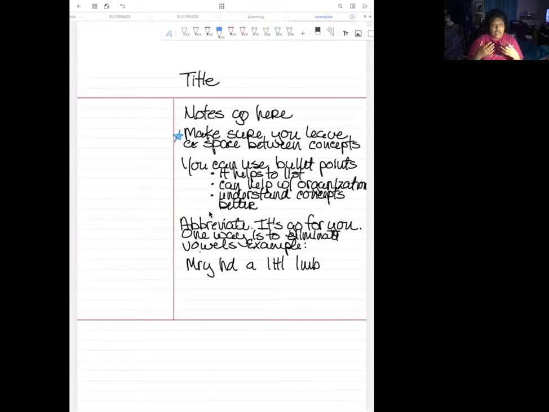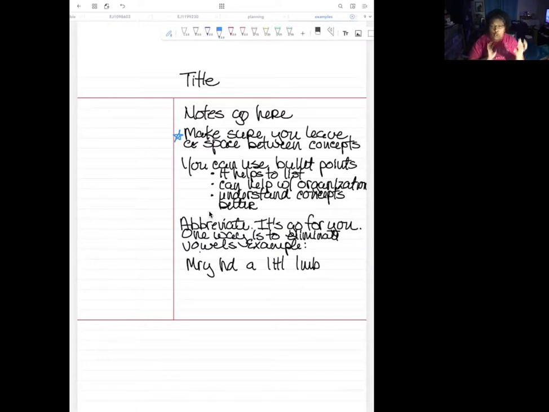So if they're talking about a particular thing that happened, say, in the civil rights movement, and I'm using history a lot because I used to take a lot of notes in history. So they're talking about perhaps the march in Birmingham, and then the next march is Selma, right? You're going to leave a space in between those two concepts. That way your eyes can actually see, oh, this is different than this.